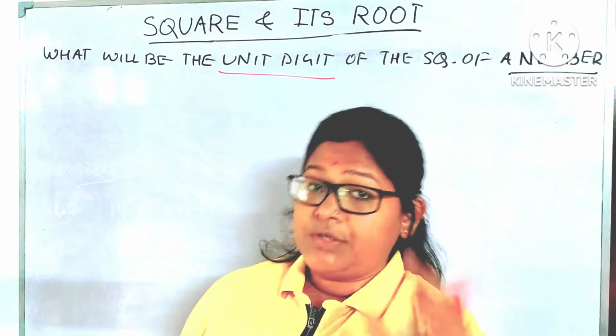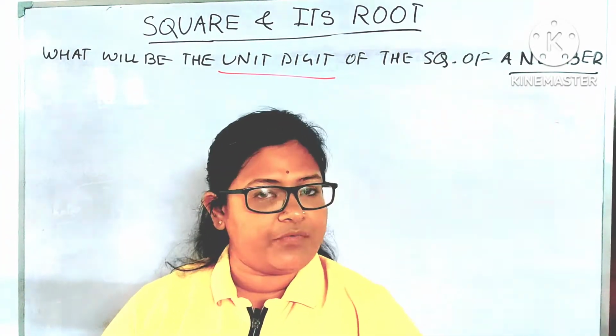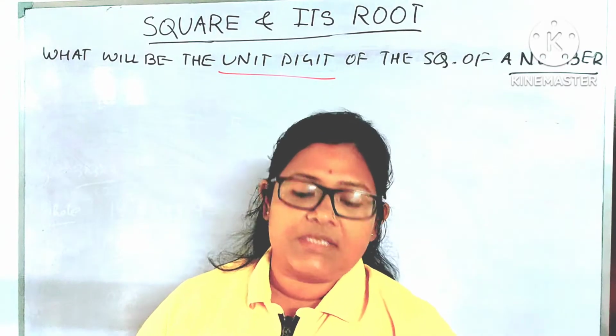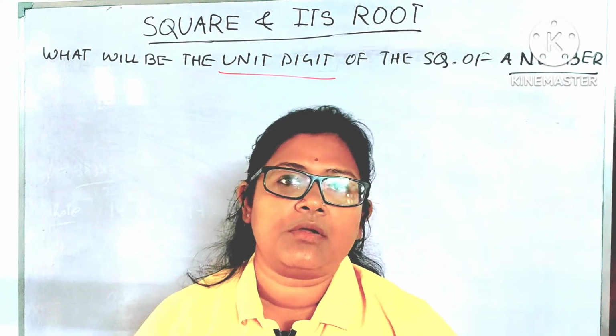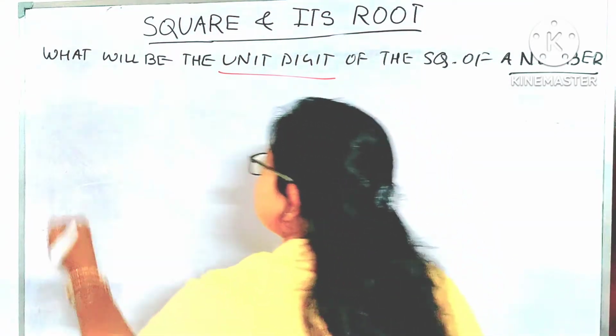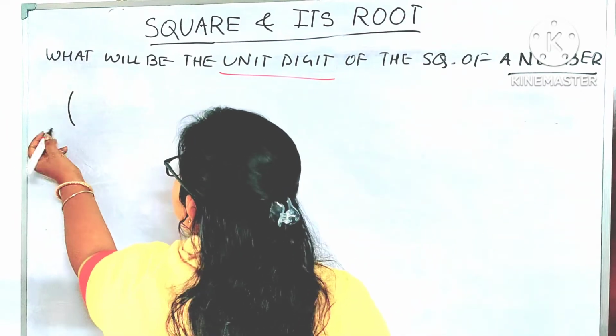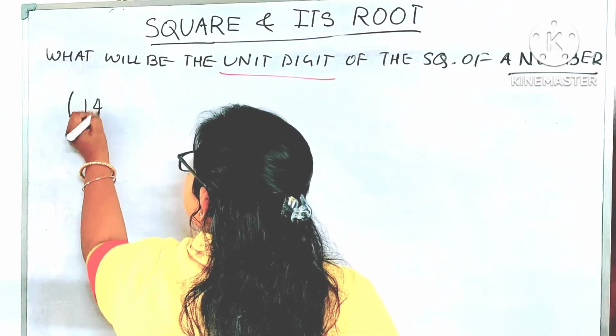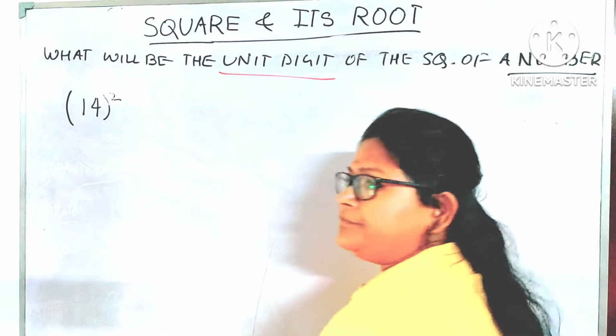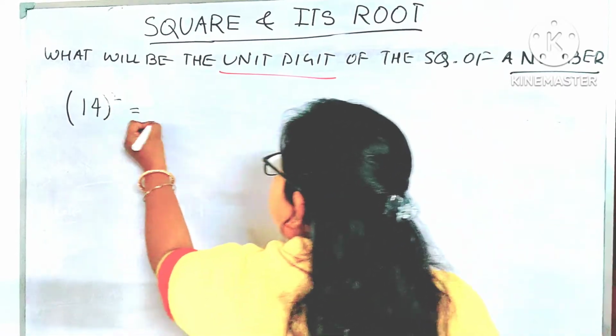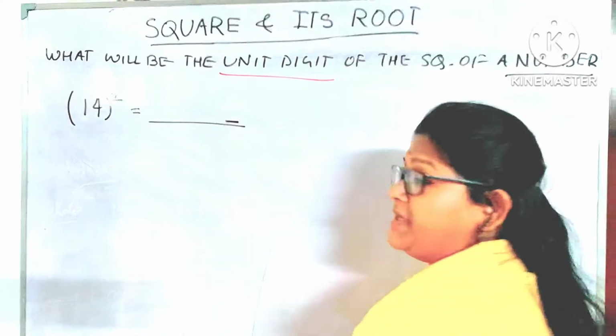Okay, the next. What will be the unit digit of the square of a number? Let us consider different numbers, for example, if I write 14 square, in this case my question is what will be the unit place?